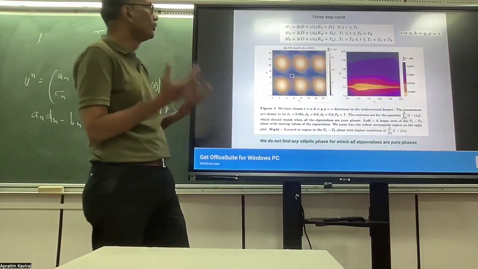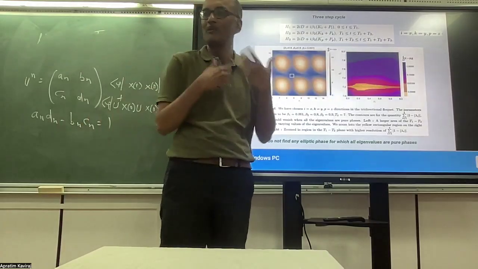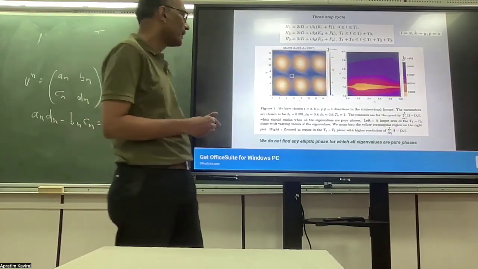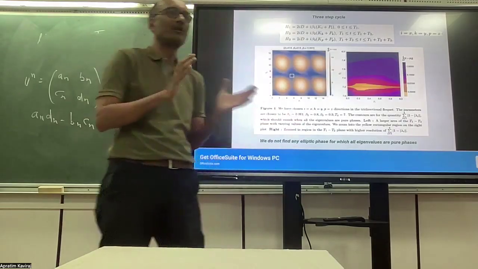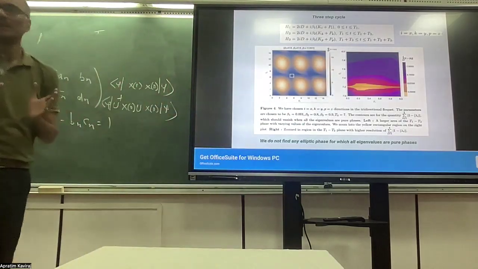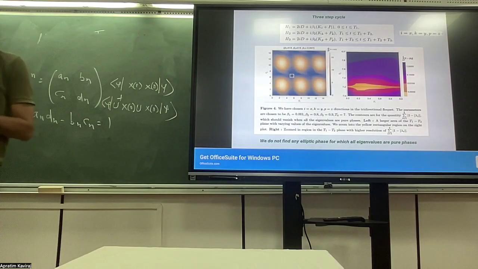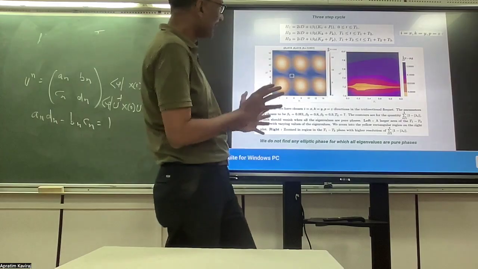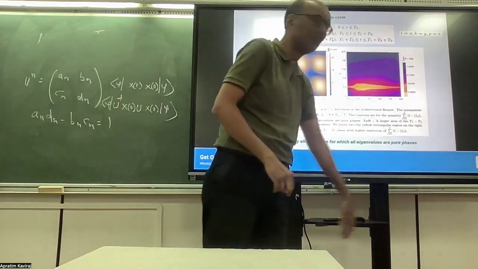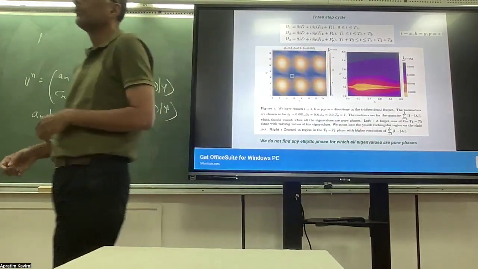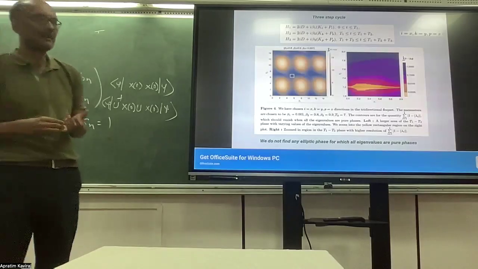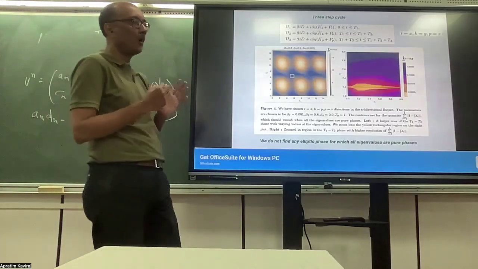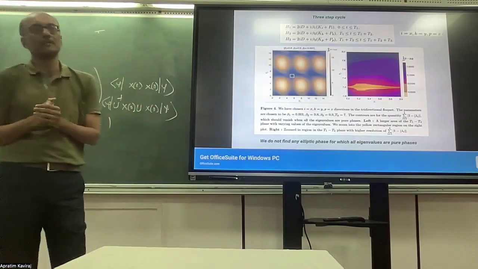But instead of 2, now if you go to a 3-step cycle or multiple step cycle, it turns out that almost the entire region is consumed by the heating phase. The oscillating phase is very, very hard to find, and we have tried, but we didn't find any elliptic phase where the eigenvalues are pure phase. And so multiple drives in this kind of language essentially almost always give heating phases.